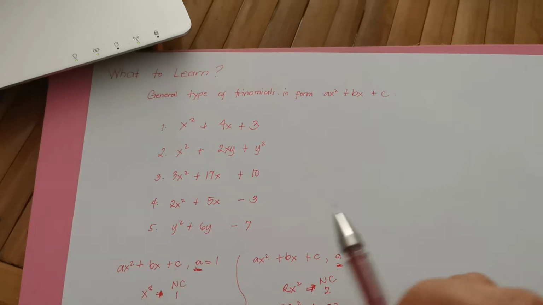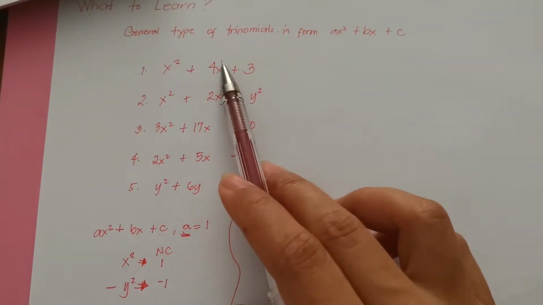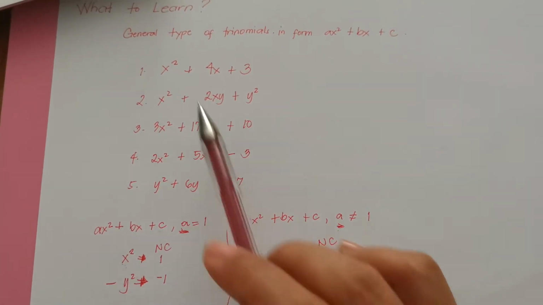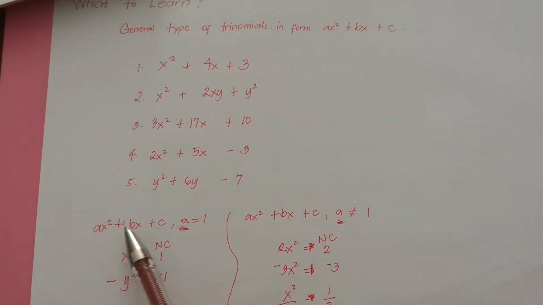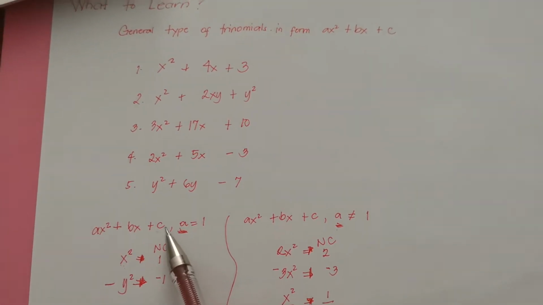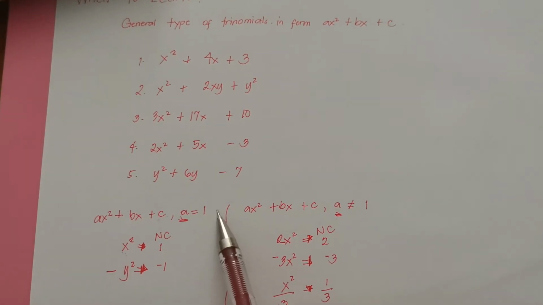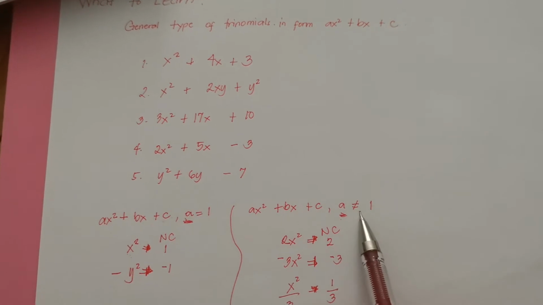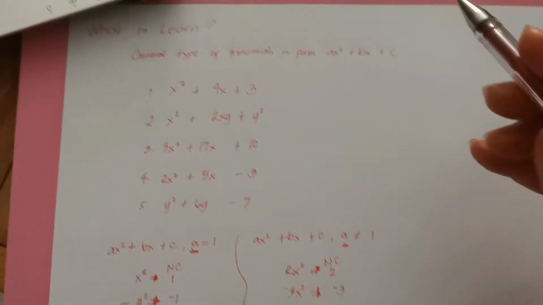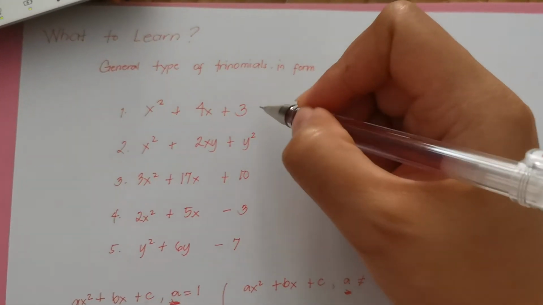So if you are going to answer the question, which of the given examples here from 1 to 5 are examples of ax squared plus bx plus c where a is equal to 1? On the other hand, how about a is greater than 1? Let's take a look at number 1.